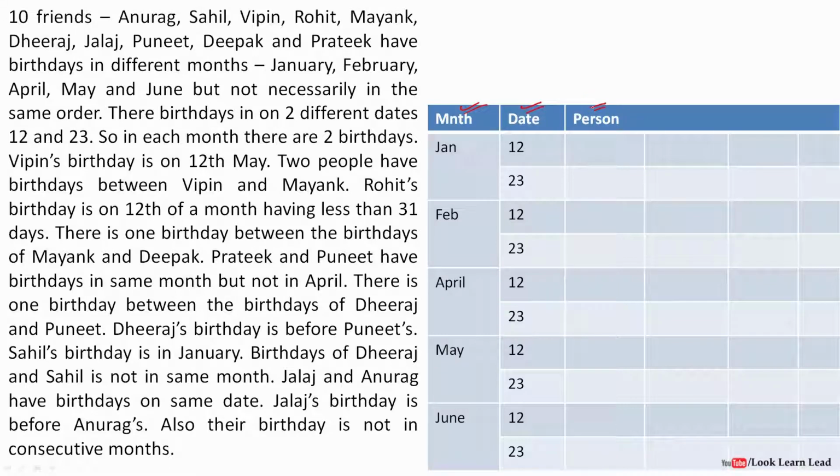So whenever there is a puzzle which includes month and date, we have to make a table like this. This would be very useful for you if you make the table like this, and it would be very easy to solve. And always take 4 scenarios. So for month and date, these would be fixed. The birthday of the person we have to put anywhere in the month.